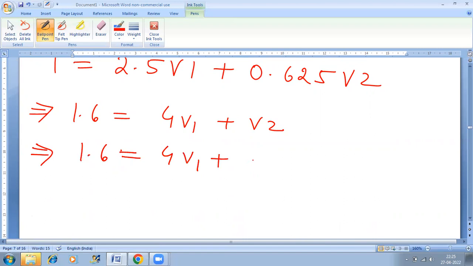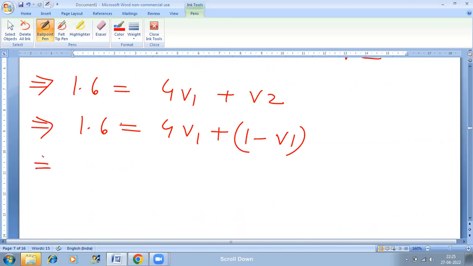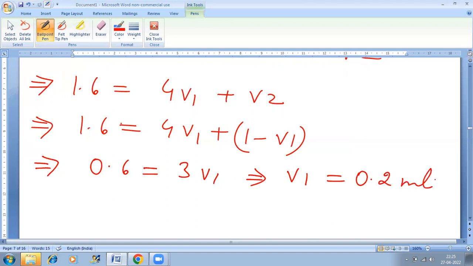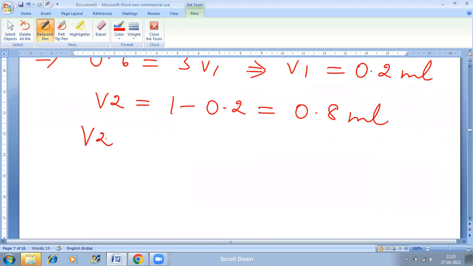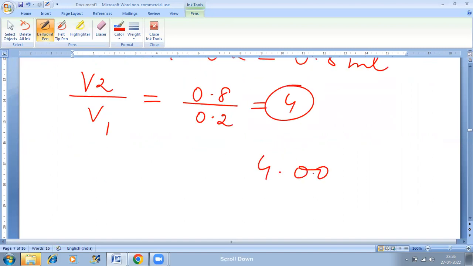So V2 is equal to 1 minus V1. Now ratio. Volume of B upon volume of A. That's what they have asked. So V2 upon V1 is asked. Hence answer is 4.0.